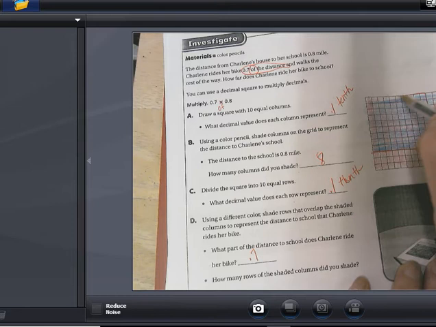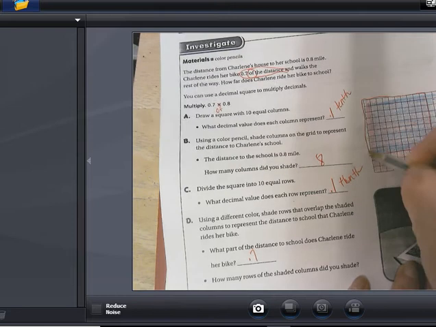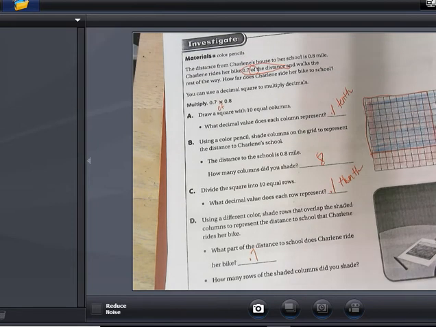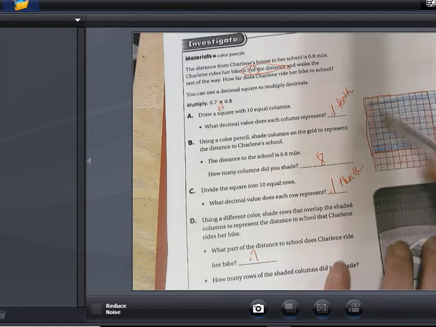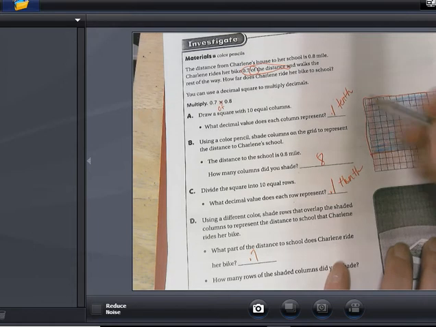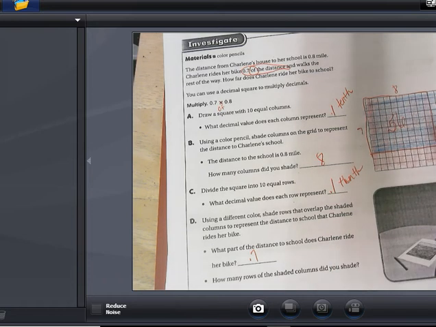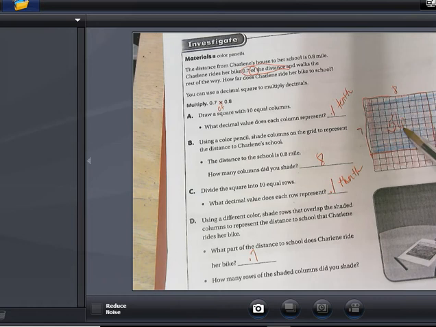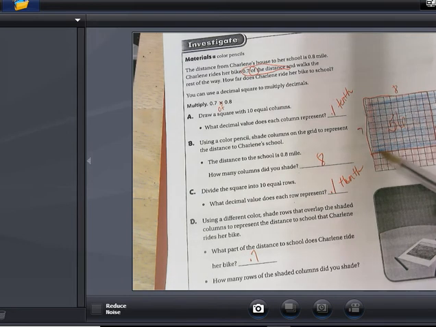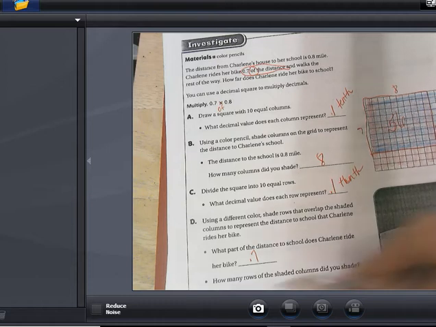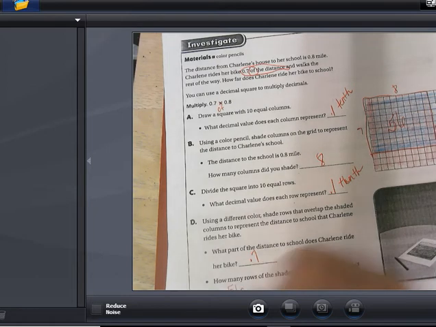I'm just going to quickly square this up. I know this is an array, so I can figure it out by going, I have 7 down and I have 8 across. That's 56. I don't have full ones, but each one of these is a hundredth, so I know I have 56 hundredths.